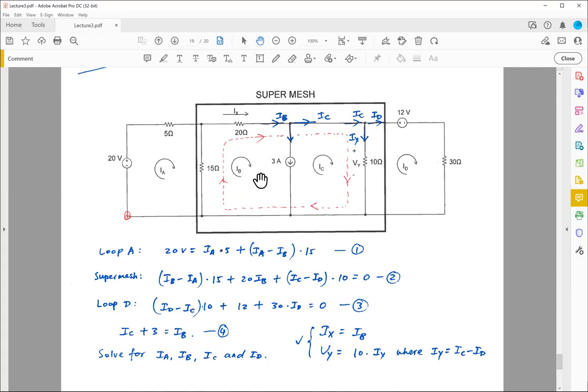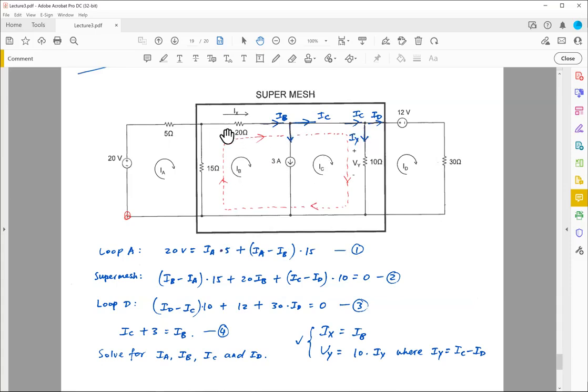I have 3M. Okay. So then I'm going to have to use super mesh. And this super mesh works like this. You will still find the voltage drop across this 15 ohm, this 20 ohm, okay? But you are going to bypass this current source.